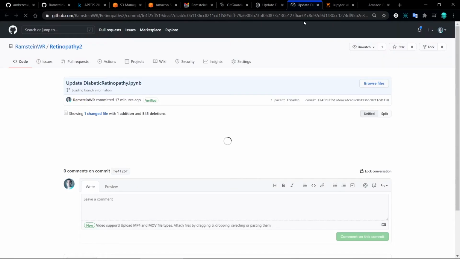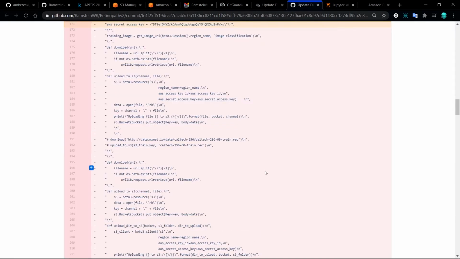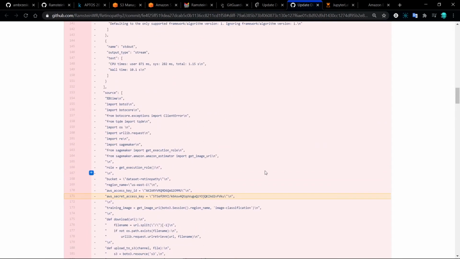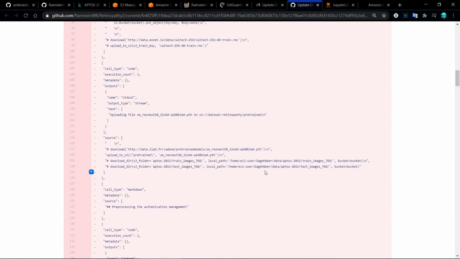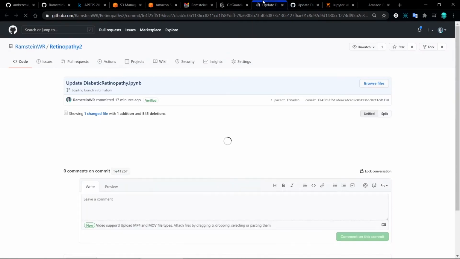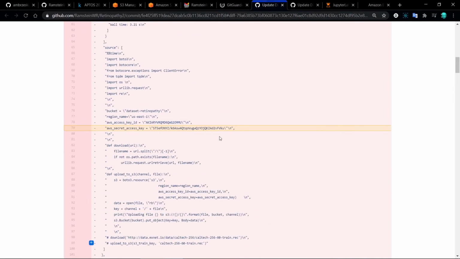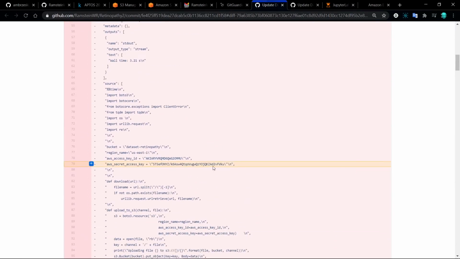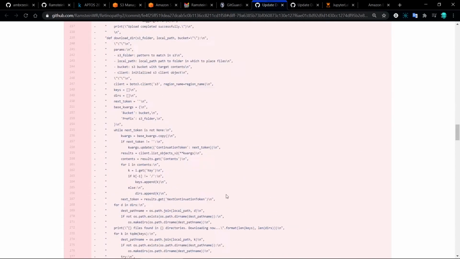So look what exactly we are going to have. One addition and 545 deletions. Actually, I have deleted it, but they have kept it in the history. What should I do now? These are my AWS secret keys. Can I delete it? How can I remove it?